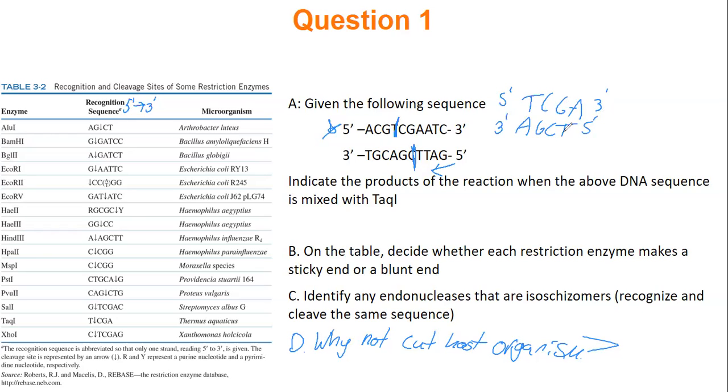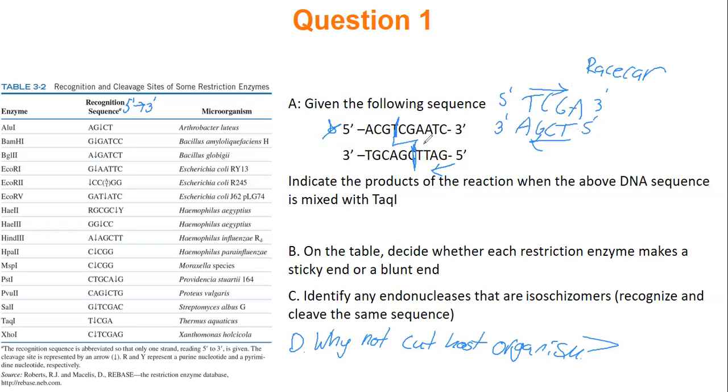A palindrome is a word the same backwards and forwards. So the classic example is race car. Race car is the same backwards and forwards. Here, when we say backwards and forwards, we're talking about one strand versus another. So you look at the complement strands, and if it's the same 5' to 3', we call that a palindrome.